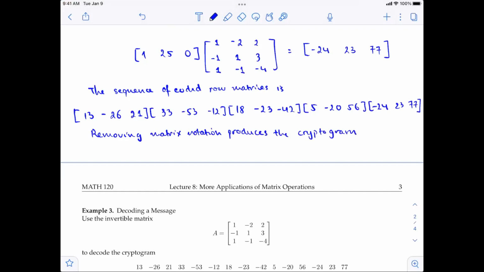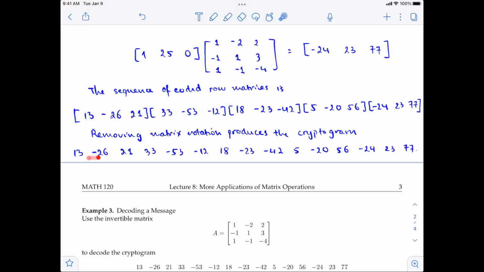So the message is 13, -26, 21, 33, -53, -12, 18, -23, -42, 5, -20, 56, -24, 23, and 77. If you receive this message, you can actually reverse engineer it and obtain the original message.